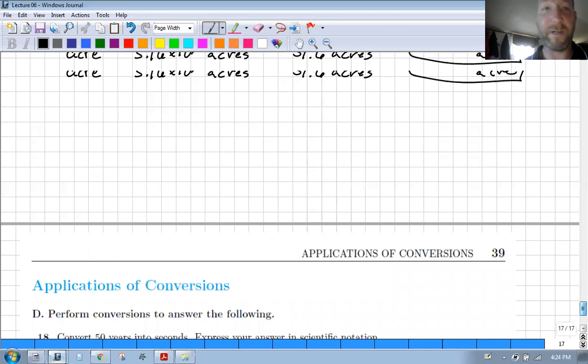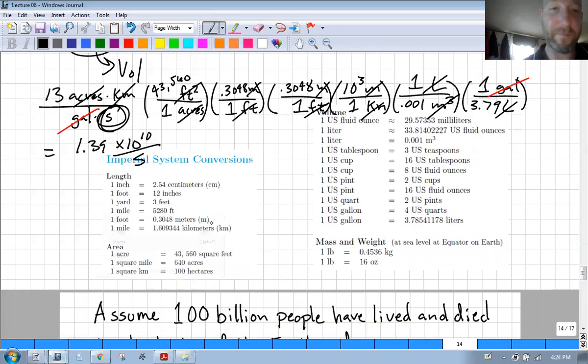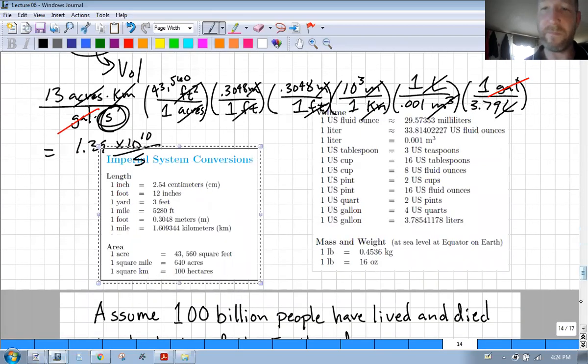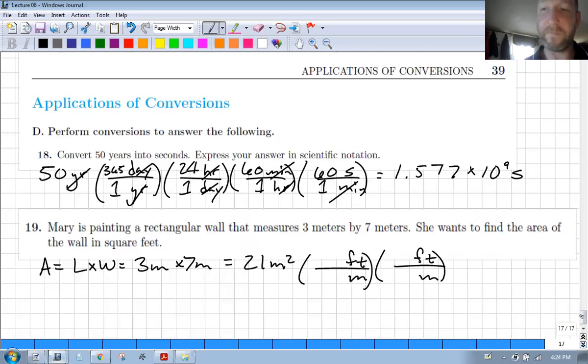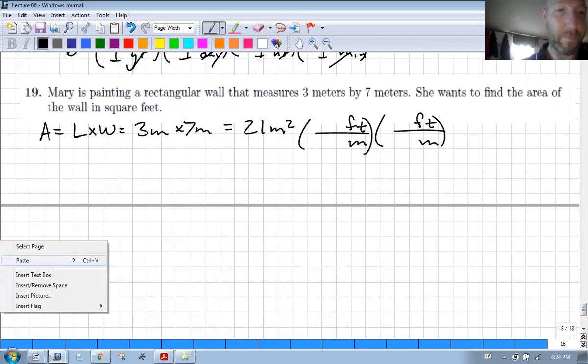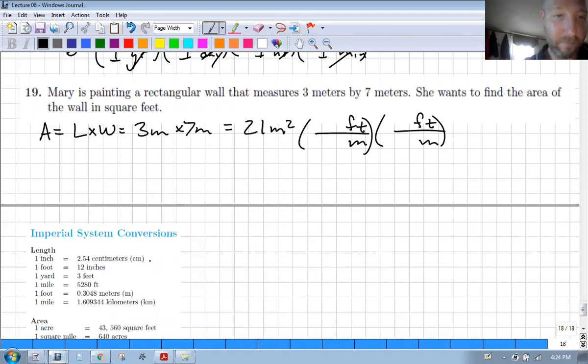Let's go find our chart here. Feet, meter. Here we go. 1 foot is 0.3048 meters.